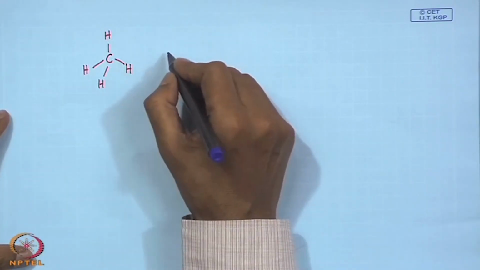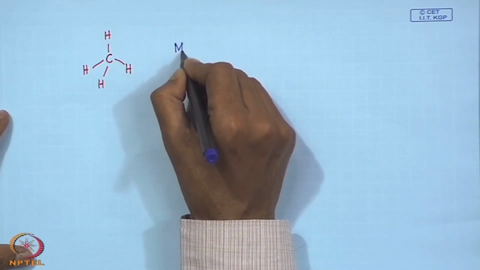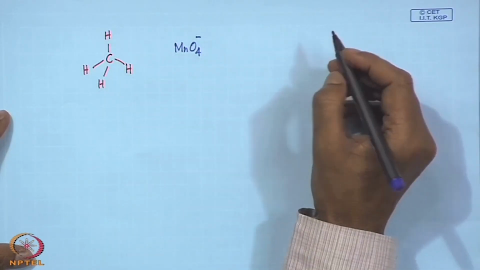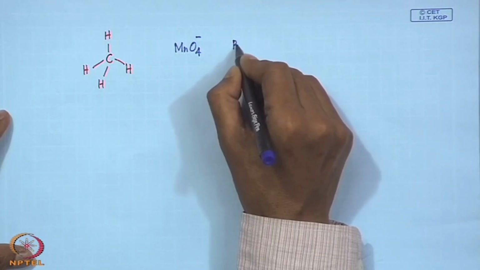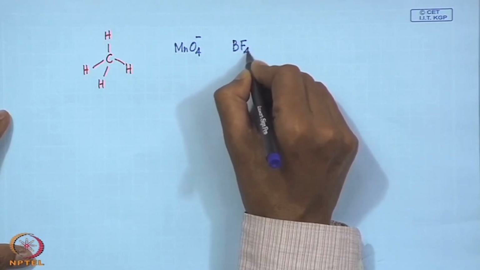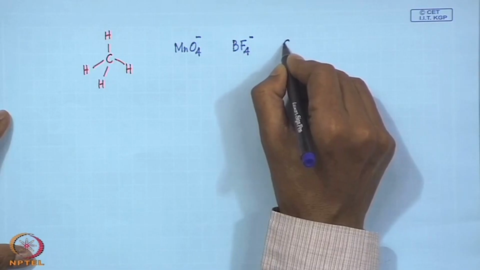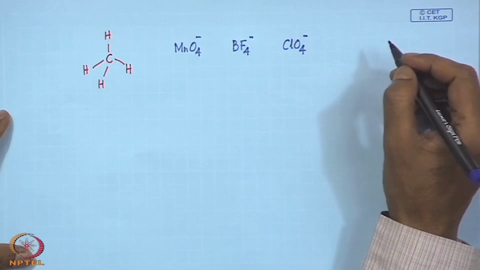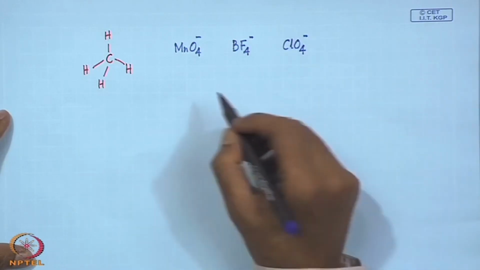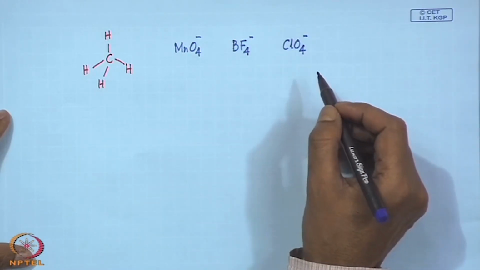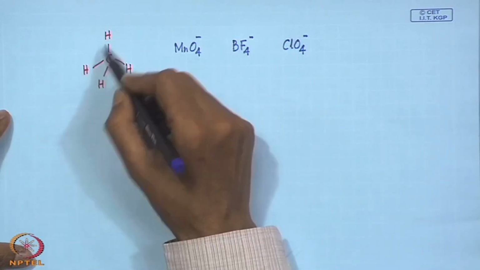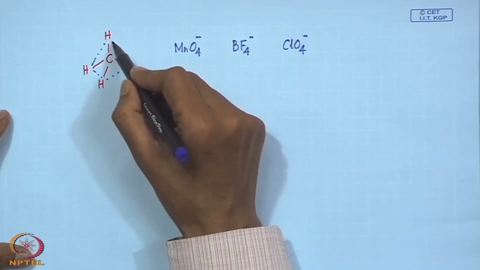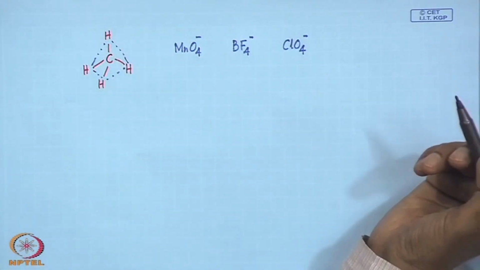Similarly, if we have the example of MnO4 minus, just now we have seen, then tetrafluoroborate anion, then perchlorate anion. So all these are the typical examples of coordination number of 4 in a typical environment which is a tetrahedral environment.